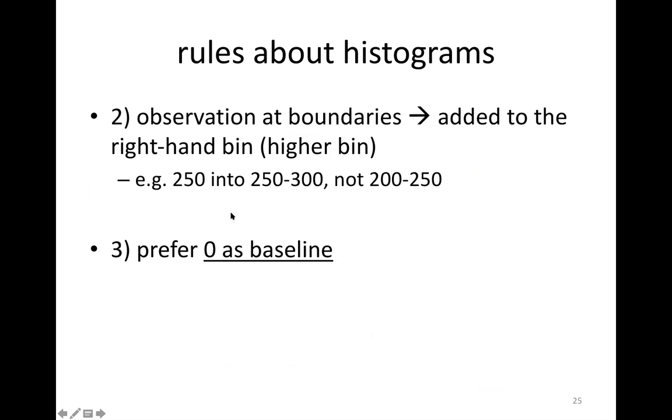So in the case of 0 to 50, 50 to 100, if we had an observation with value 50, we would have included it in the bin that goes from 50 to 100. Likewise, if we have an observation of value 250 and we have bins of 50, we add it in the 250 to 300 bin, not in the previous bin.